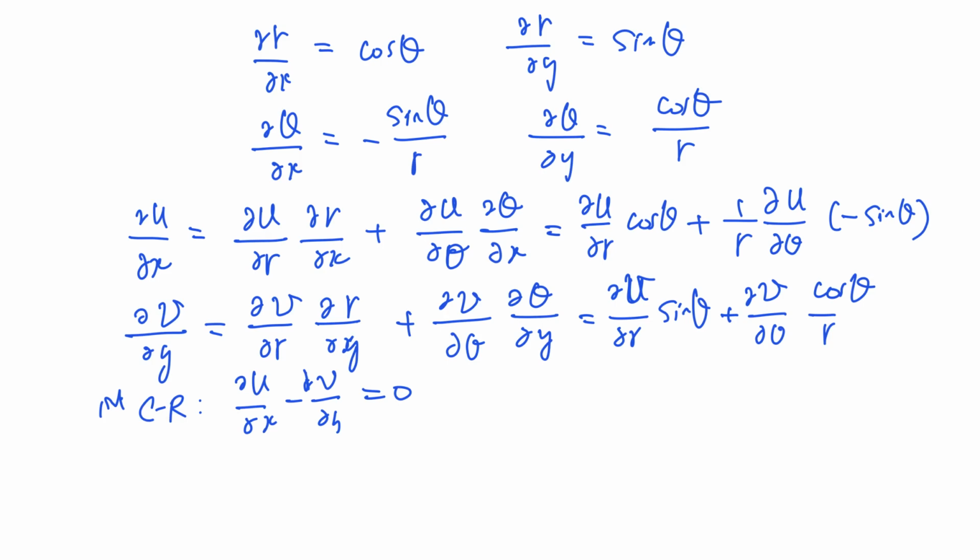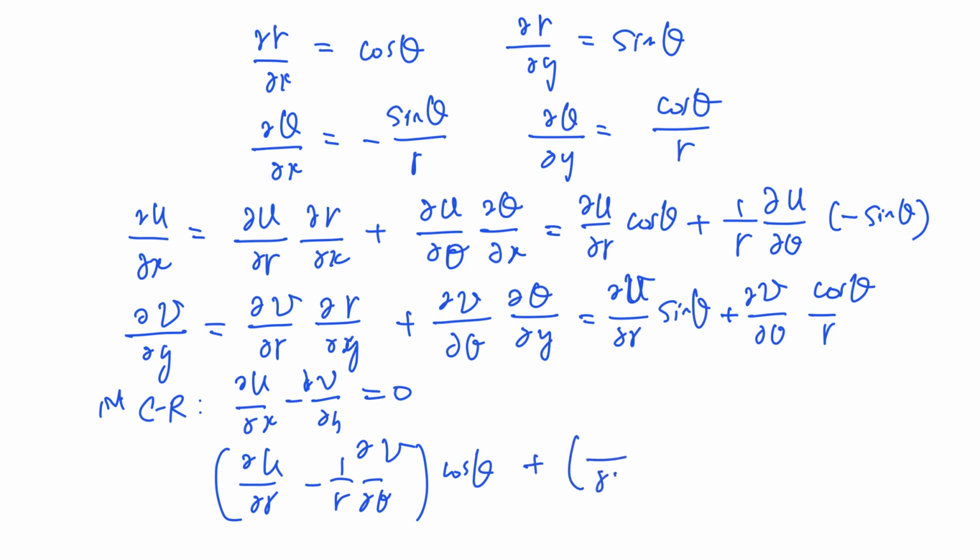So that means partial u over partial r minus 1 over r partial v over partial theta, times cosine theta, plus partial v over partial r minus 1 over r partial u over partial theta, times sine theta is equal to 0 for all theta.